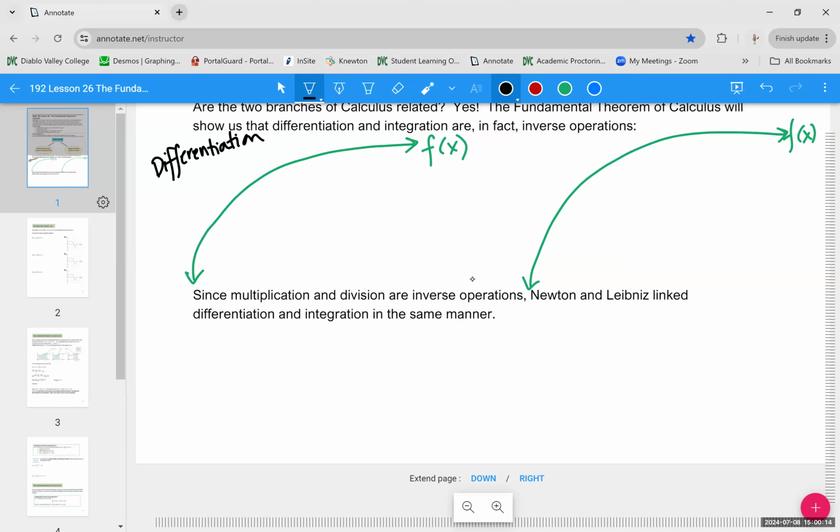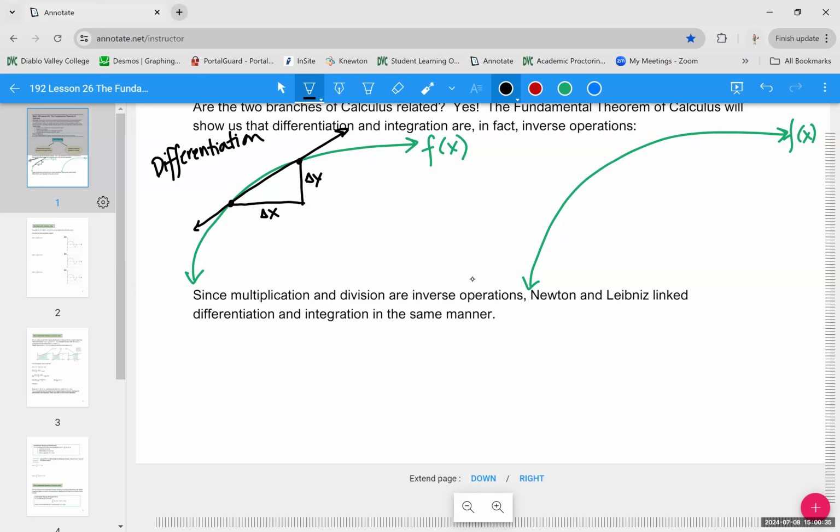What did we do in differentiation? We were trying to find the equation of a tangent line, or the slope of the tangent line. So we took 2 points and made that secant line. We had a delta y and a delta x.